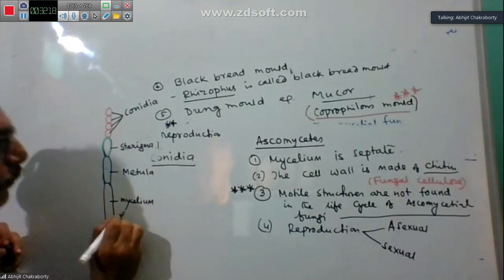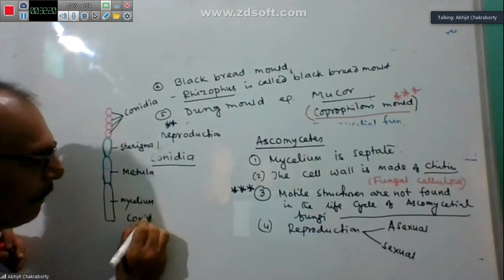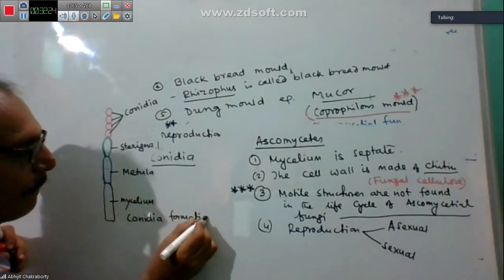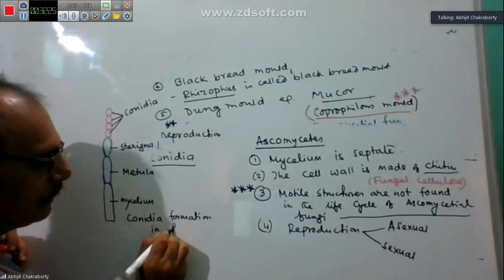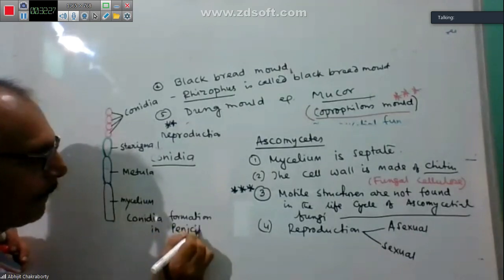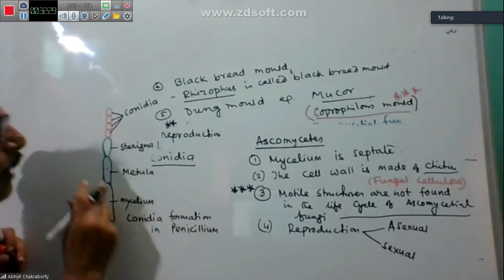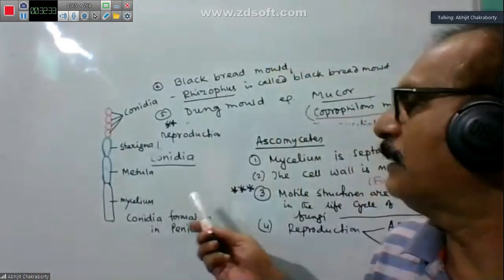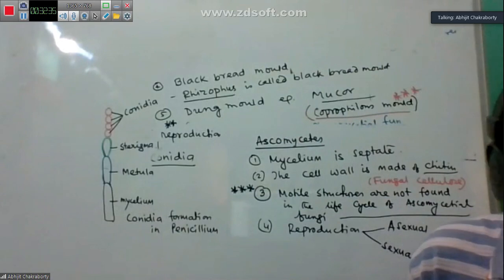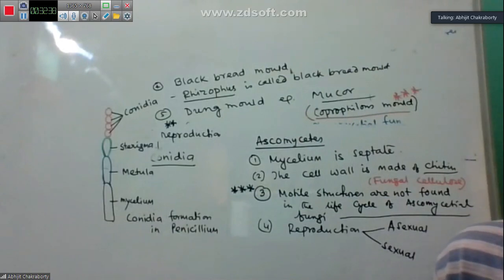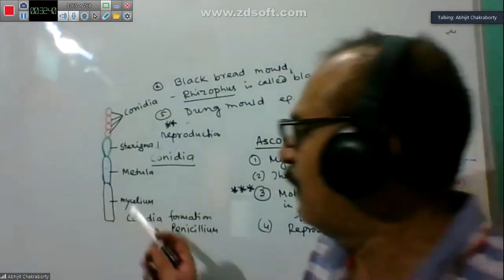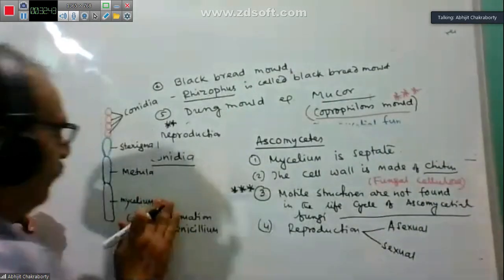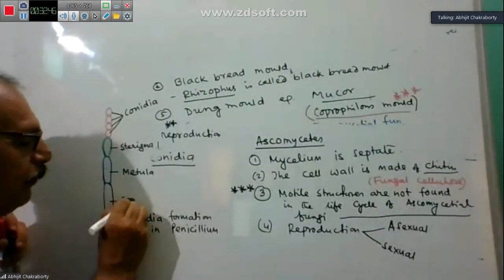So in the conidia formation in Penicillium, I am showing you a single branch, but you know in Penicillium, actually a lot of branches are developed. Remember this thing. It appears in mycelium, or you can better call it conidiophore.